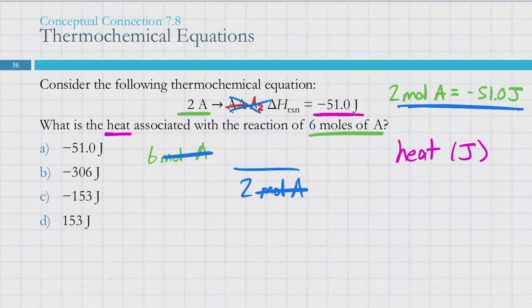That cancels with the moles of A that we started with. Negative 51.0 joules on the top. So we do negative 306 divided by 2, negative 153 joules. Wrong color.